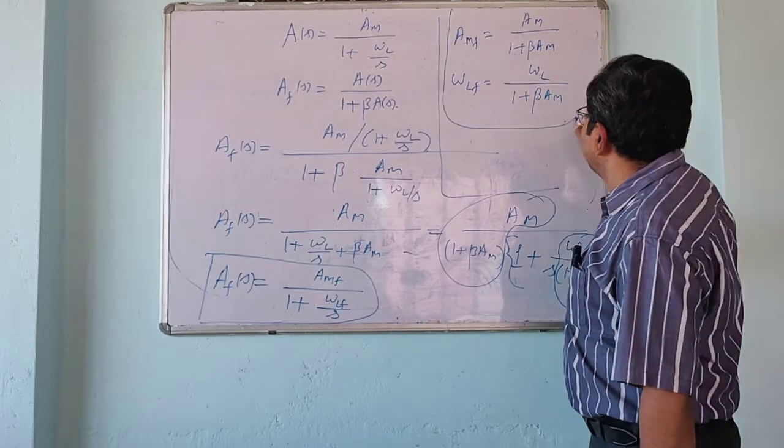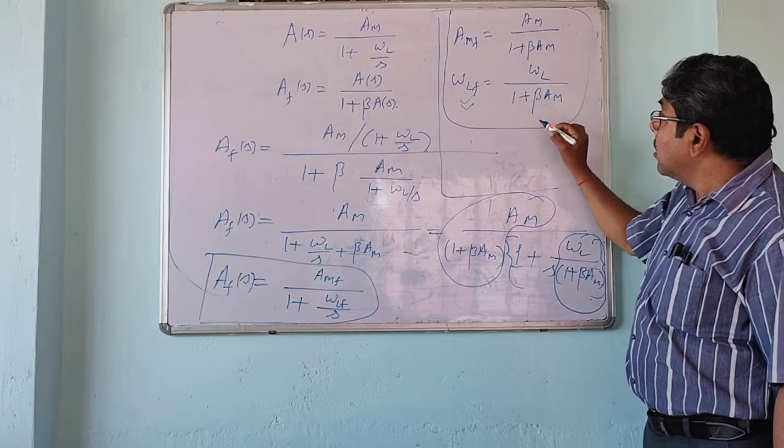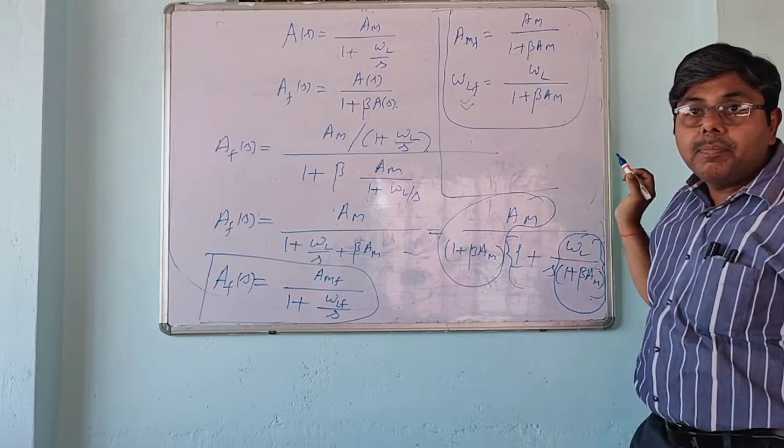So from here we can show that this lower 3 dB frequency is reduced by this factor.